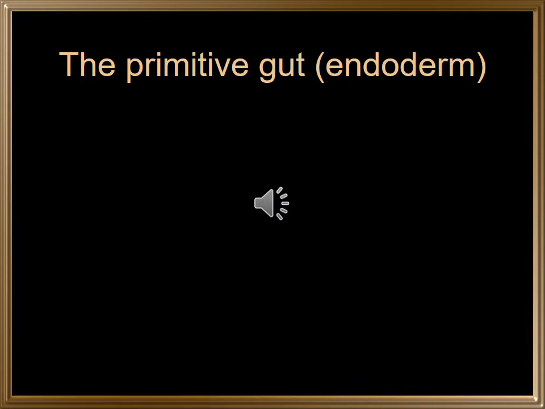This part of the primitive gut is called midgut, and the part of the primitive gut cranial to this communication is called foregut, and caudal to the communication with the yolk sac is called hindgut. This hindgut will be closed for some time by a membrane called cloacal membrane.